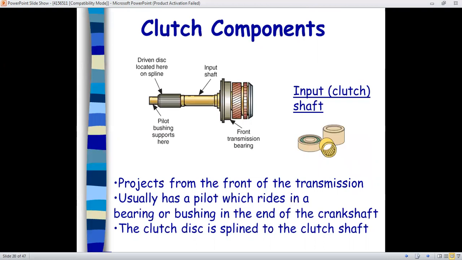Okay. So what is next? Next is the clutch components. Here you can see the driven disc is located here on the spindle. This is the pilot or bushing supported here.